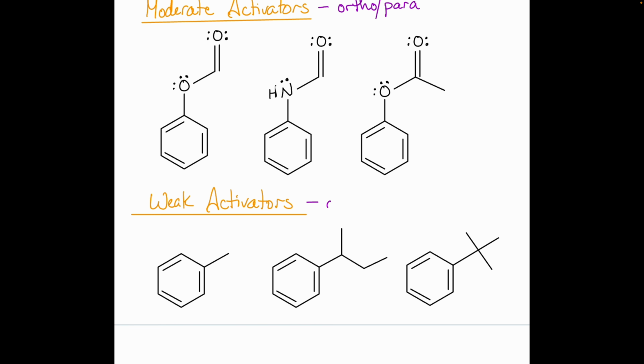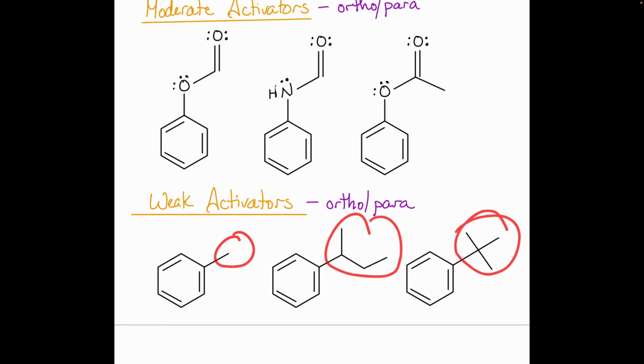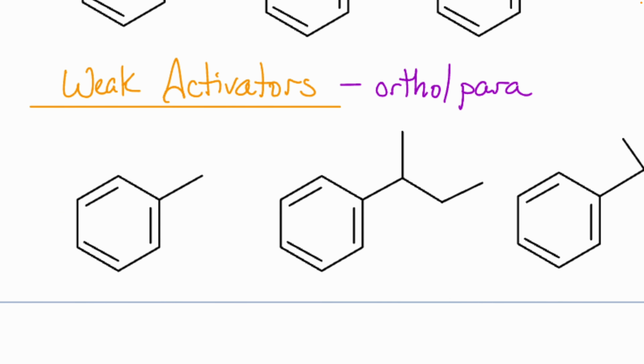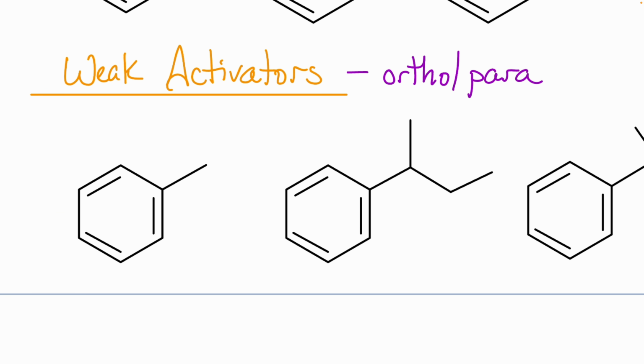Just to note, our weak activators are still ortho-para directing. What do these all have in common? What are they made of? Carbons and hydrogens, right? So these are just alkyl groups. Notice that this breaks our trend of having a lone pair directly next to the ring. They still activate a benzene ring, these alkyl groups.